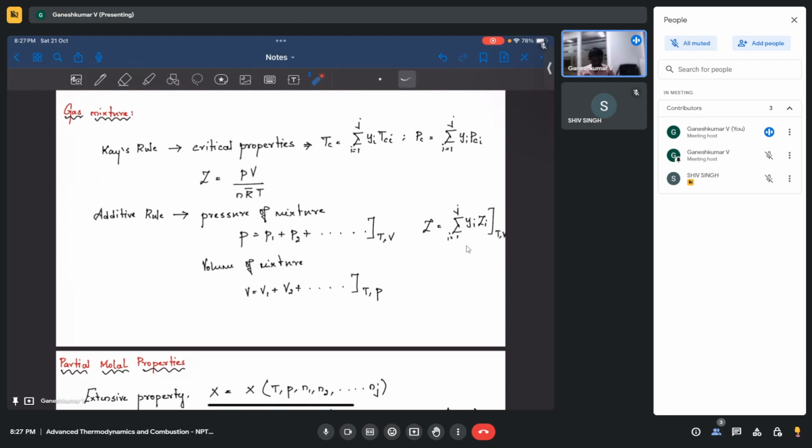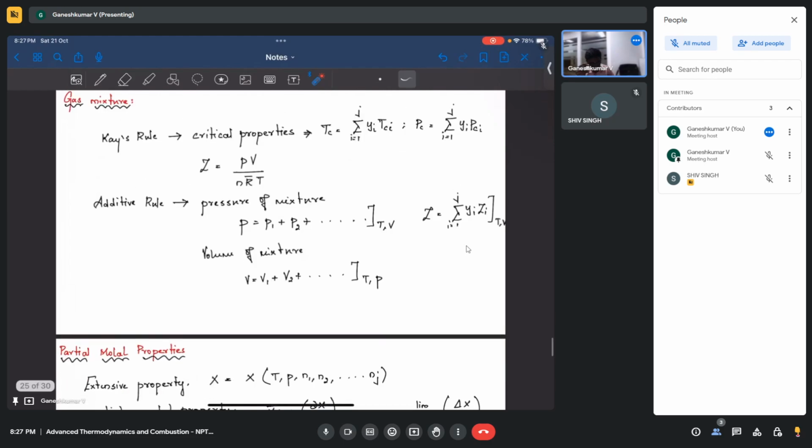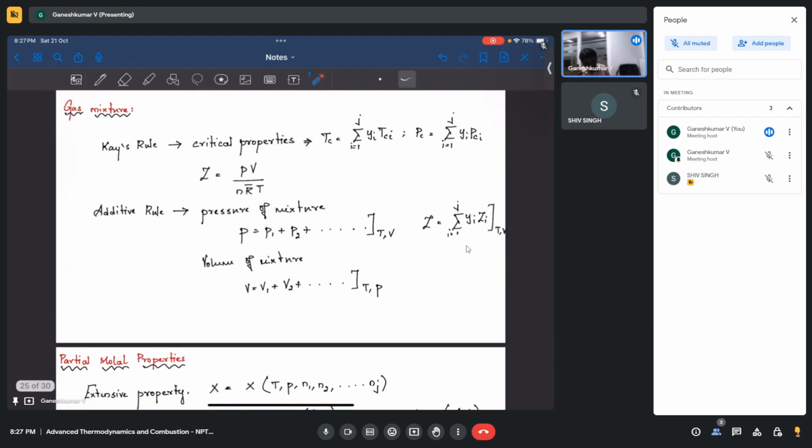And that's why we need to study a little bit about mixtures. Even in combustion systems we deal with a mixture of fuel and oxidizer before, and on the product side we will have a lot of things, right? So that's where we define the various ways in which you can define a mixture.